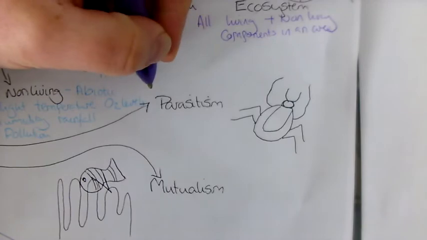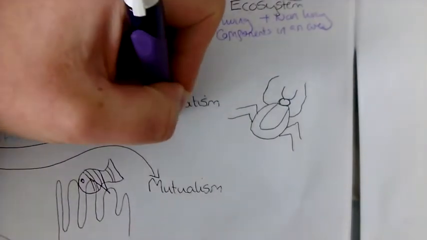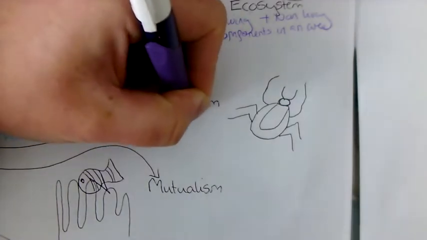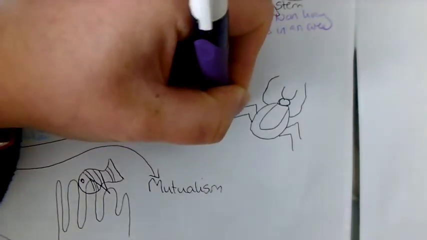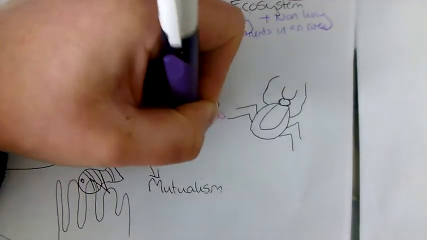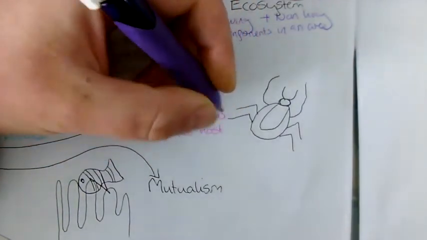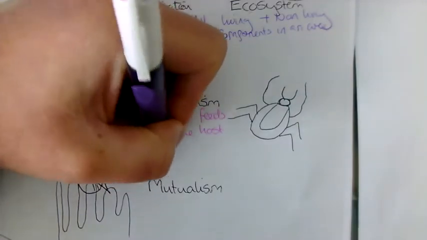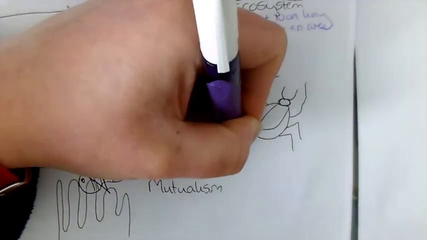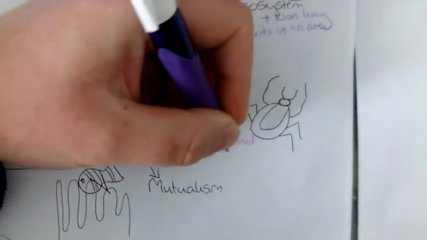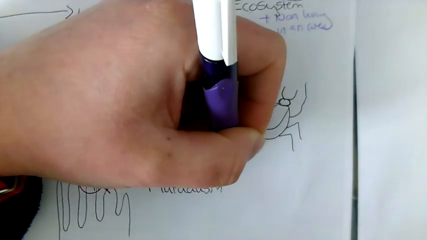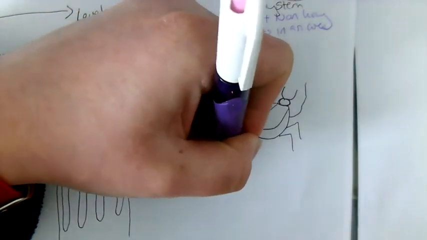So this is where a parasite feeds off of the host. The host is harmed, but the parasite benefits.